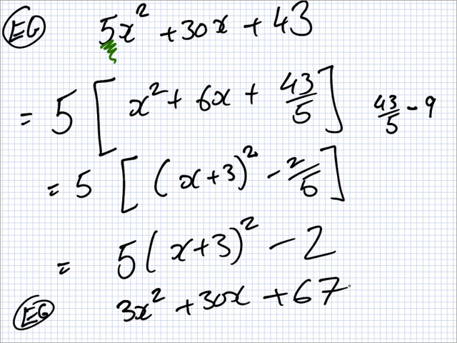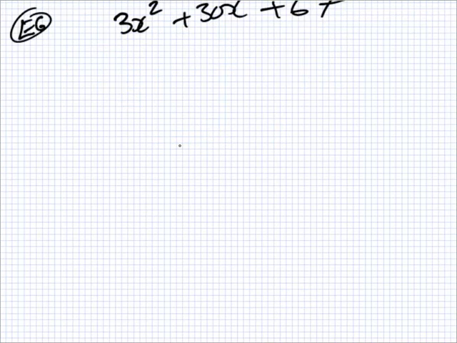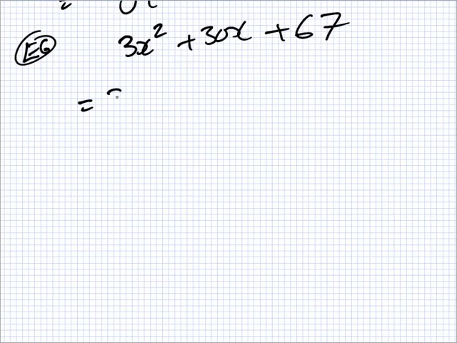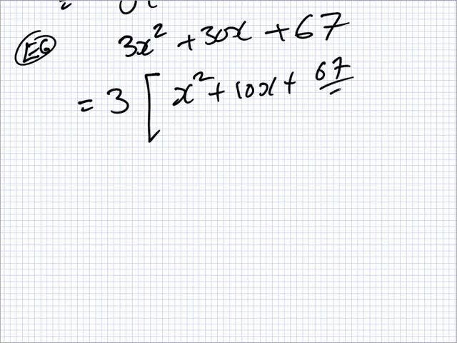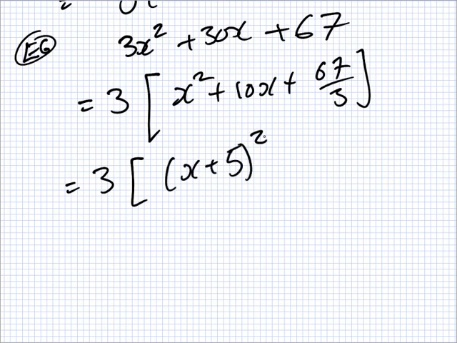Okay, let's have a look at this guy. So, firstly I should take the 3 out. X squared plus 10x plus 67 over 3. That will be 3 bracket x plus 5 squared, and then it's 67 over 3 minus 25.